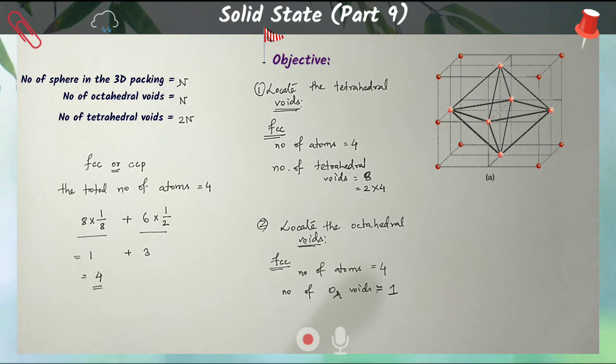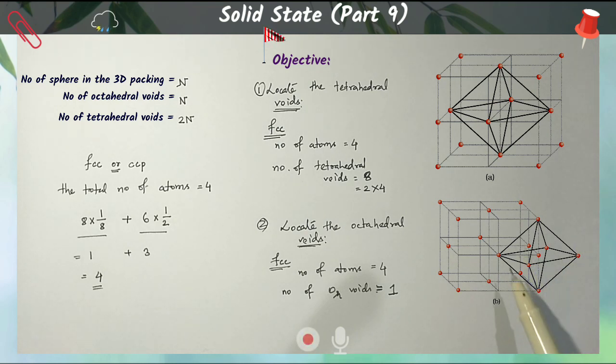Again, if you see figure 2B, how many edges are there in this unit cell? 1 2 3 4 5 6 7 8 9 10 11 12. Total 12 edges are there.